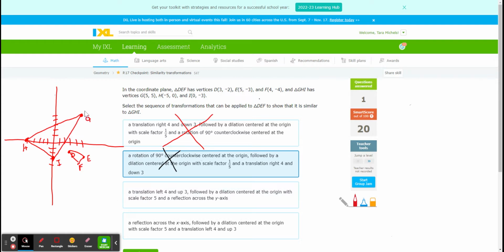All right, so let's pick a point. Point G here. Let's start with D. And remember the way it's written here, DEF is similar to GHI. That means D and G must be corresponding vertices. So point D should become point G. So let's check point D. Point D, as we mentioned, is 3, -2.